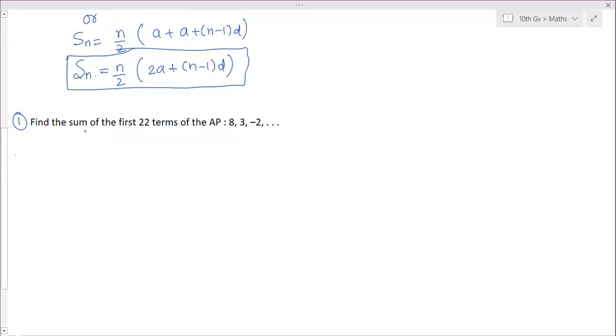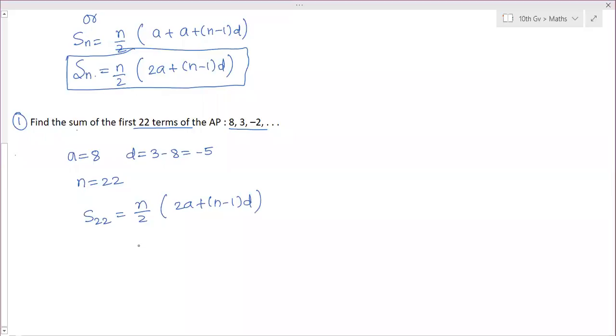First question is a simple question. Sum of first 22 terms of an AP. The AP is given here. We don't know the last term. So what terms have we been given? Write it down. a is 8, d is equal to 3 minus 8, that is minus 5, and n is equal to 22. Then use the formula: sum of 22 terms is equal to n by 2 into 2a plus n minus 1 into d.